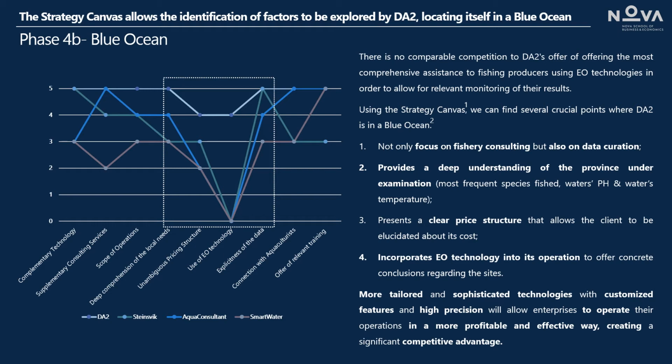And the fourth and last one is that DA2 incorporates EO technology into its operation to offer concrete conclusions regarding the sites. To conclude this, more tailored and sophisticated technologies with customized features and high precision will allow enterprises to operate their operations in a more profitable and efficient way, creating a significant competitive advantage.